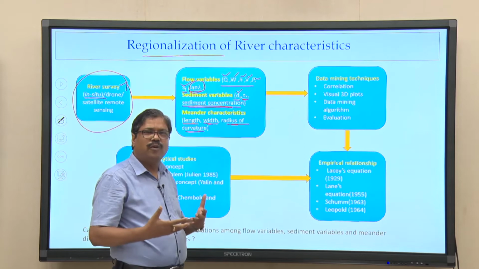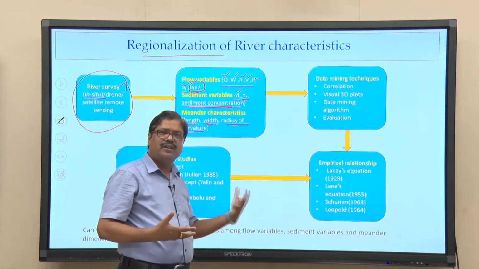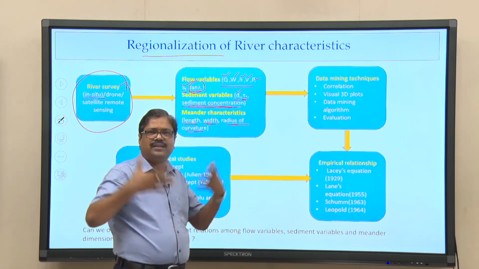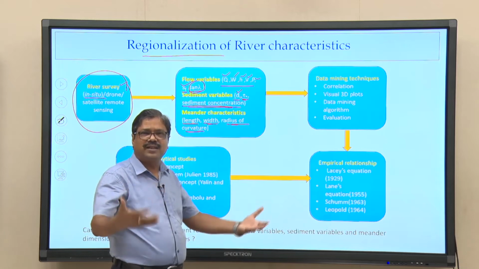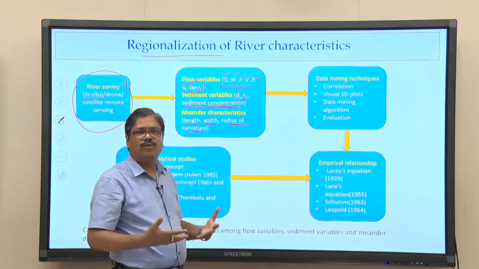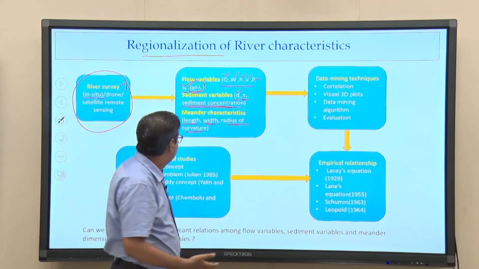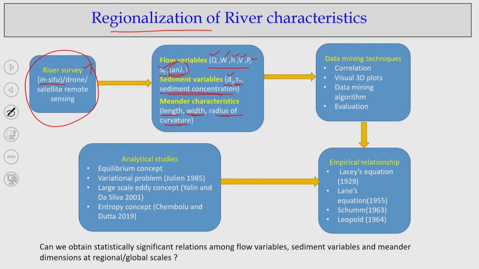We can try to see whether we can establish relations with dependent variables like flow width, depth, velocity, perimeter, or sediment concentration, or look at the meander planform in terms of radius of curvature, length and width. The question comes: can you obtain a statistically significant relationship among the flow variables, sediment variables, and meander dimensions at a regional or global scale?